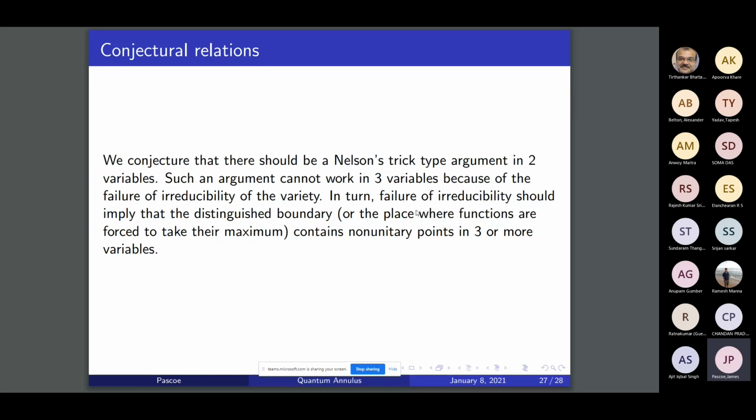So that failure of irreducibility should imply that the distinguished boundary, or the place where the functions are forced to take their maximum, contains non-unitary points in 3 or more variables, which, with a little bit of finessing, could be used to get a proof of the failure of Ando's inequality.